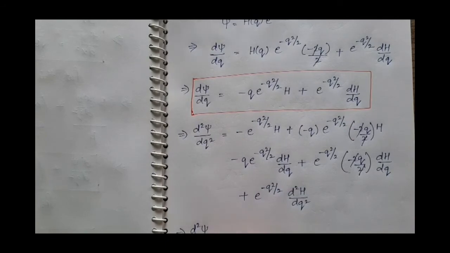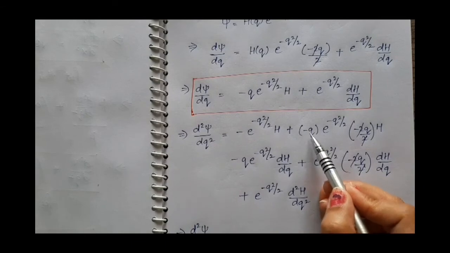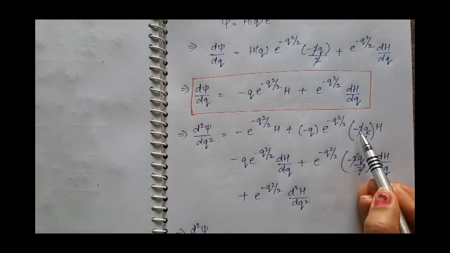So d square psi by dq square is equal to this q and q will be q square, minus and minus will be plus.